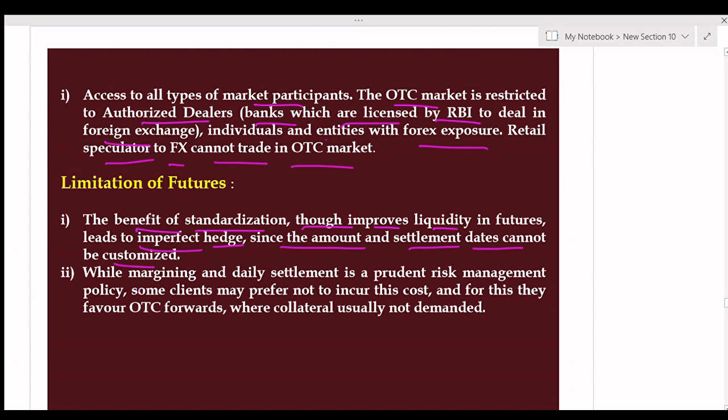While margining and daily settlement is a prudent risk management policy, some clients may prefer not to incur this cost. For this, they favor OTC forwards, where collateral is usually not demanded.